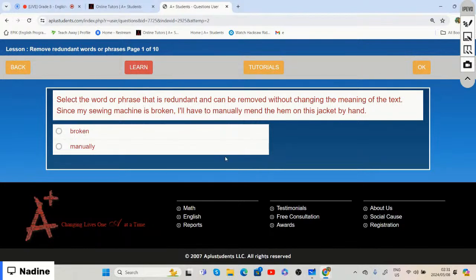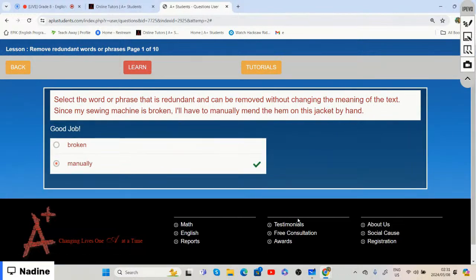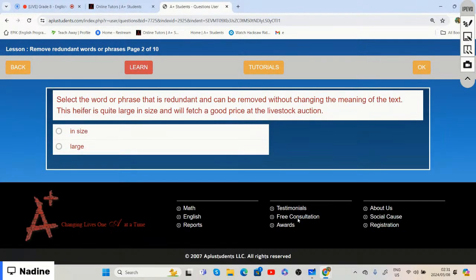So you said my sewing machine is broken and I have to manually mend the hem on this jacket by hand. And we said manually is our answer that was being repeated. The heifer is quite large in size and will fetch a good price at the livestock auction.